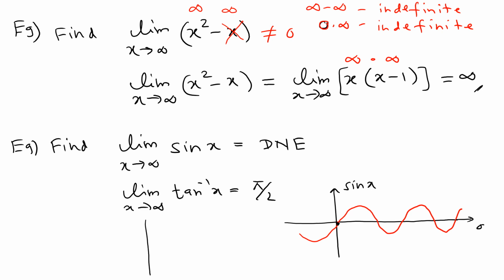We did this multiple times, and if you do not remember, that's the graph of tan inverse. It's going to go like this. Okay, so this is the idea about infinite limits at infinity.